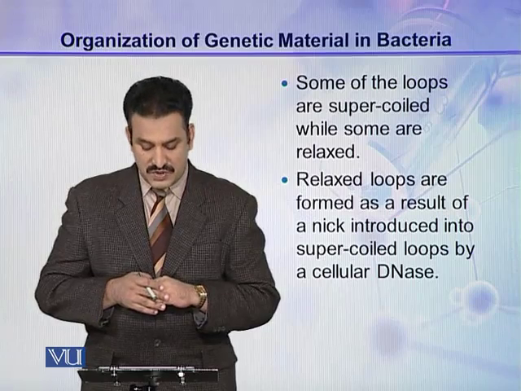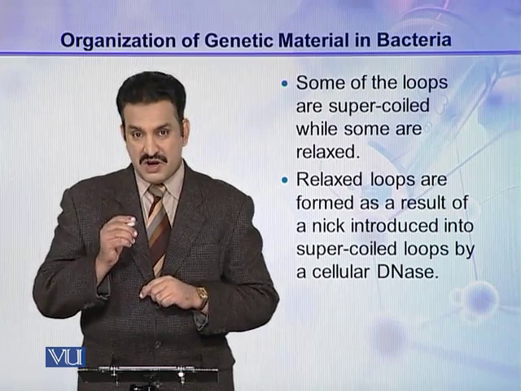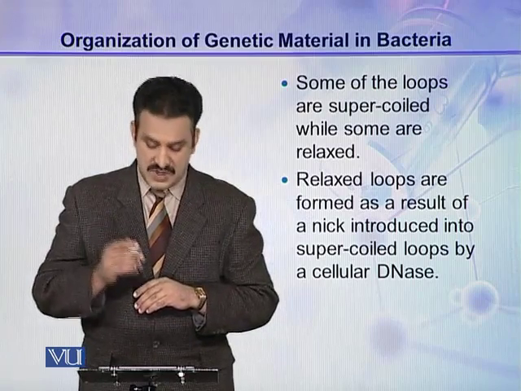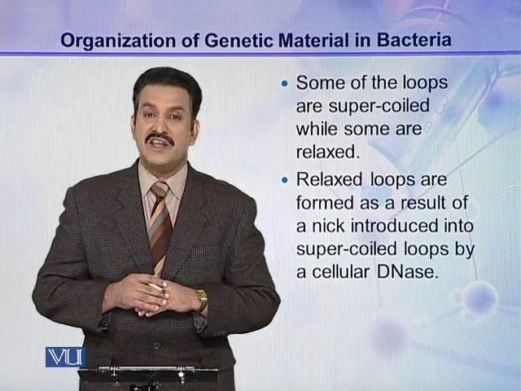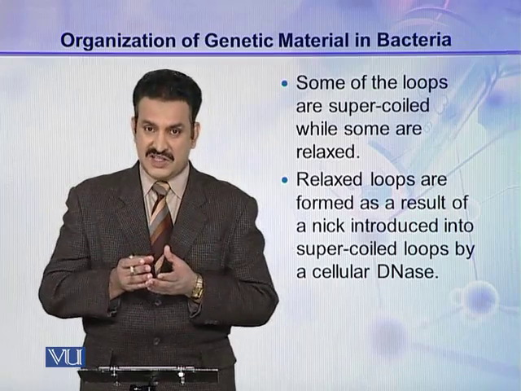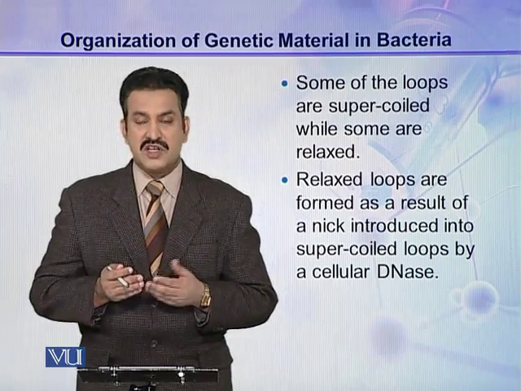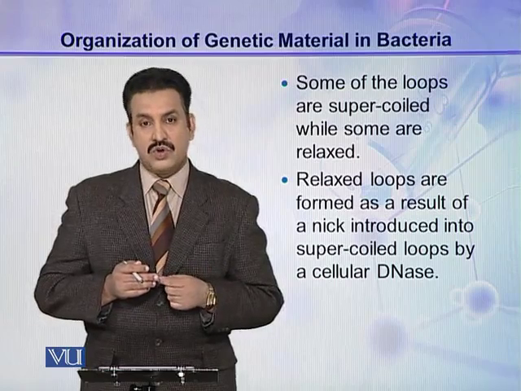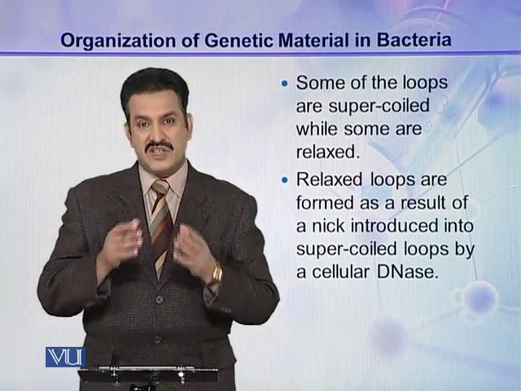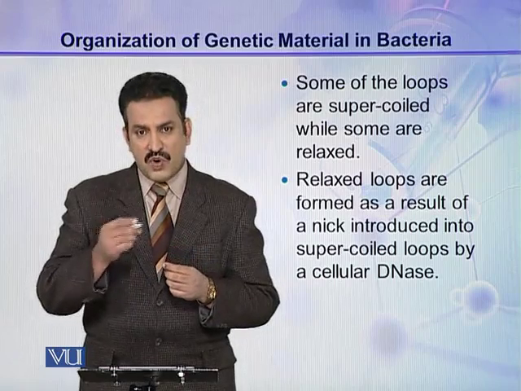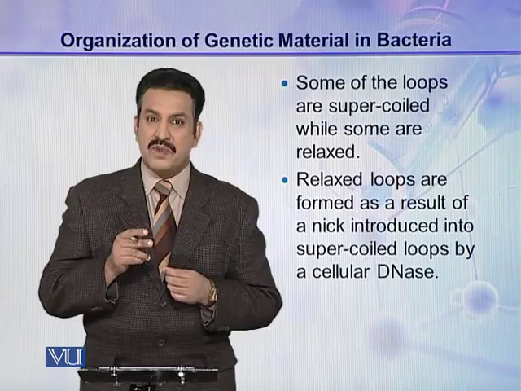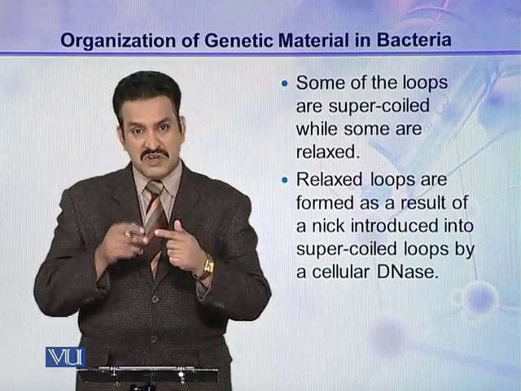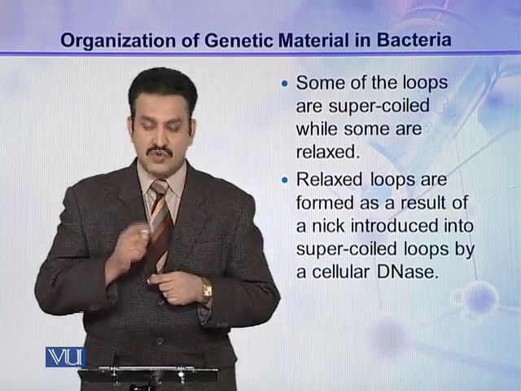Relaxed loops are formed as a result of a nick or a break introduced into a supercoiled loop by a cellular DNase, because in bacterial cells, DNase is an enzyme that breaks down DNA molecules. So these DNases are present in the cell, and sometimes supercoiled DNA is nicked by these DNases. If a supercoiled loop is nicked, it becomes a relaxed loop.